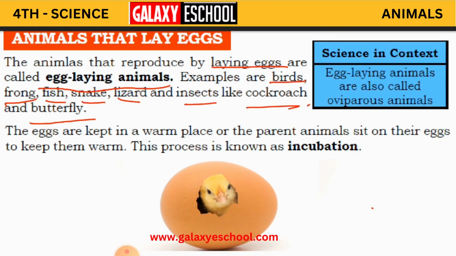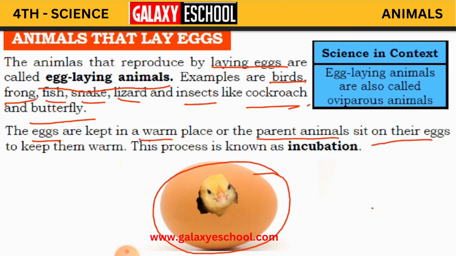These are some of the birds and insects which give birth to the young ones by laying eggs. See here in the picture, how are they hatched? The eggs are kept in a warm place, or the parent animals sit on their eggs to keep them warm.